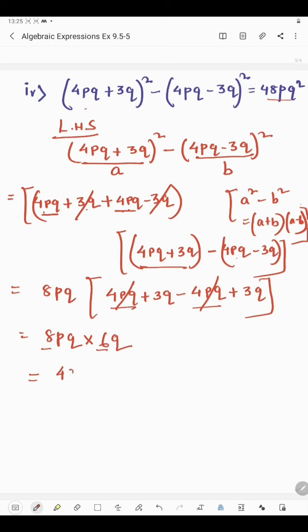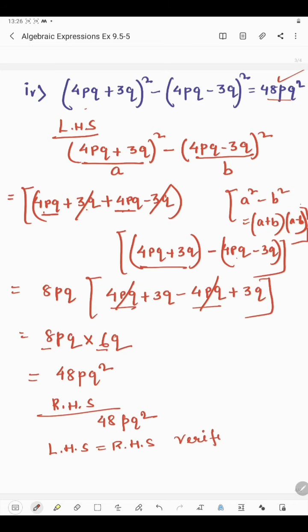So 6 8s are 48. Now p is only 1 and q is given twice. So it's q square. So what we have got? 48pq², and on the right hand side also we have the same, which is 48pq².